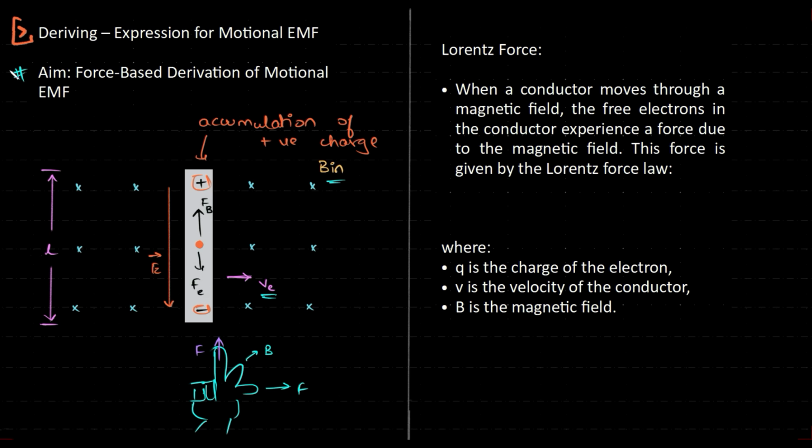Now my question to you is, till what point will the push continue? I have an object, two people are pushing it, and I know that the accumulation will keep increasing, right? So this is say Fe and this is Fb. Fb is fixed because your velocity and magnetic strength are fixed, while Fe will keep increasing. Till what point will it increase, and when will the accumulation stop?